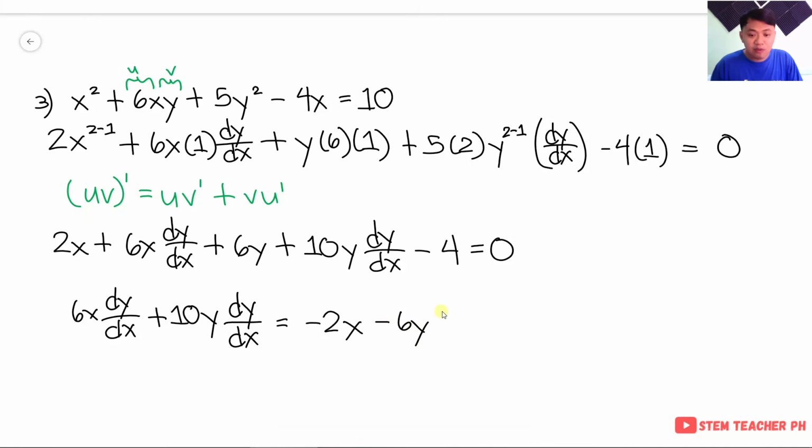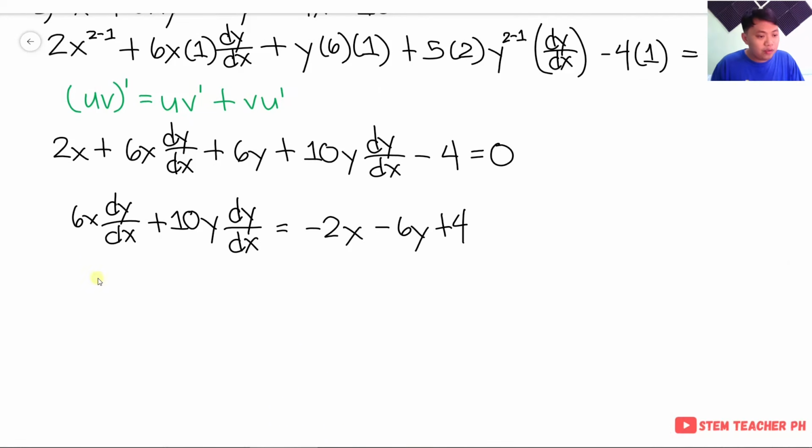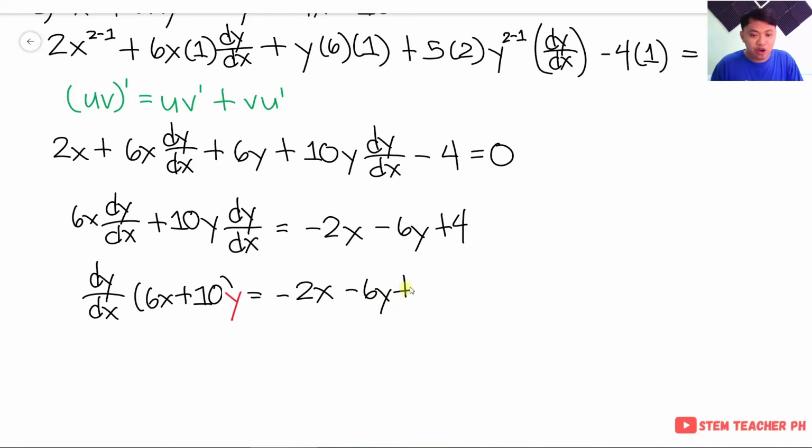And the minus 4 will become plus 4. Then, solving for dy over dx, we need to factor it out. Factoring out dy over dx, what remains inside is 6x plus 10. On the right side, we haven't done anything yet, so this is still negative 2x minus 6y plus 4.